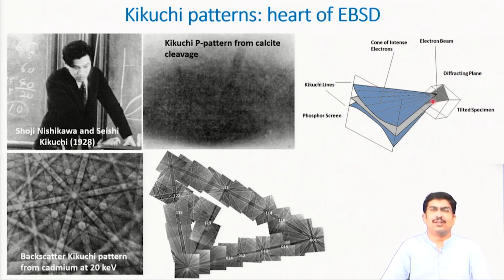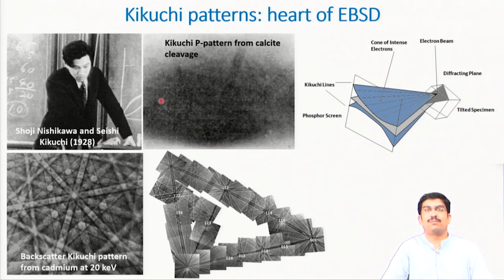This is pretty similar to X-ray diffraction. Just go through X-ray diffraction and you will be able to understand this. This is the Laue diffraction pattern, the way it forms. If you keep a phosphorescent screen in front of this, the Kossel cones will cut through the screen and produce this kind of lines, which are called Kikuchi lines or Kikuchi patterns, after the person who saw these lines all the way back in 1928.